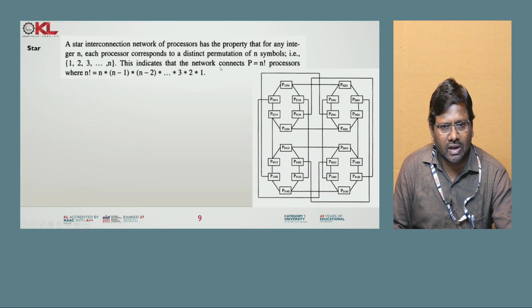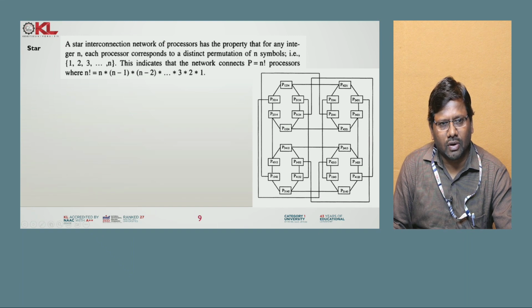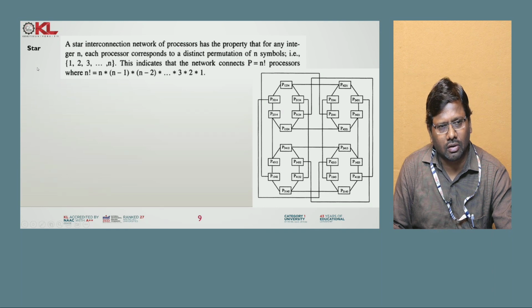This indicates that the network contains P equal to n factorial processors. Suppose the number of processors is 4, so how many interconnections could we expect in this kind of star interconnection? 4 factorial. For 3, the number of interconnections is 3 factorial, like that. So this is the representation.